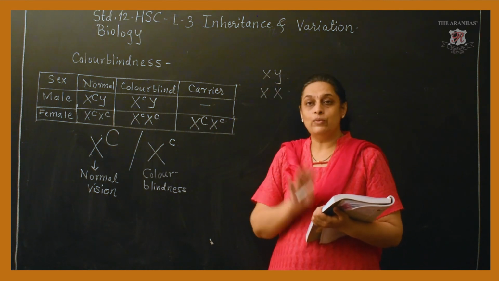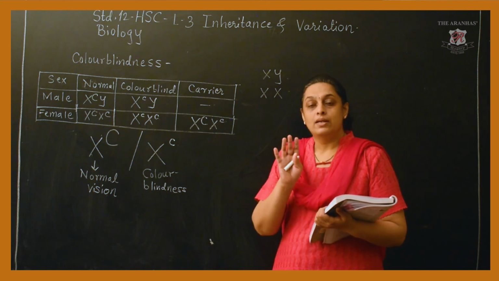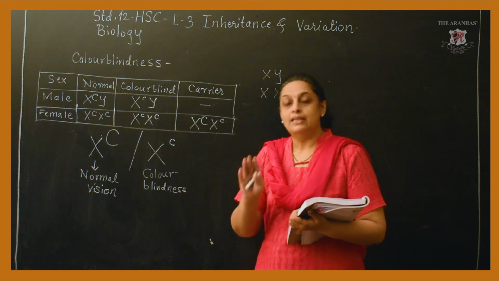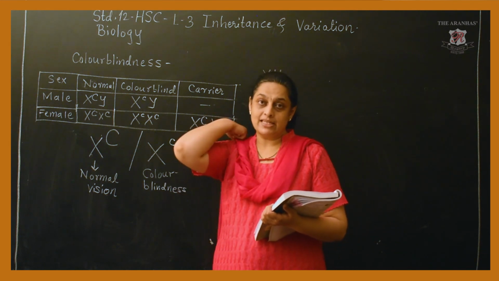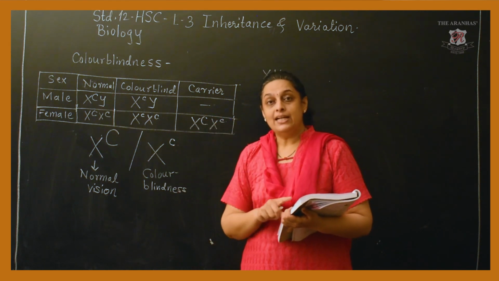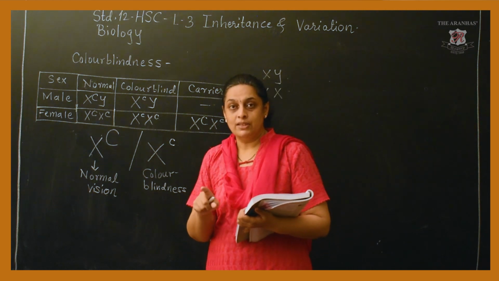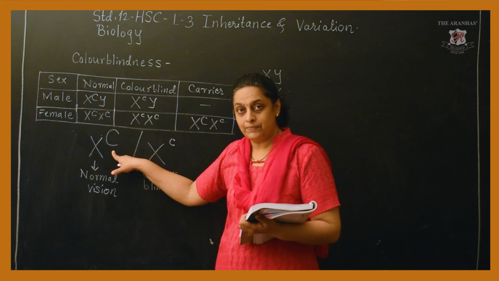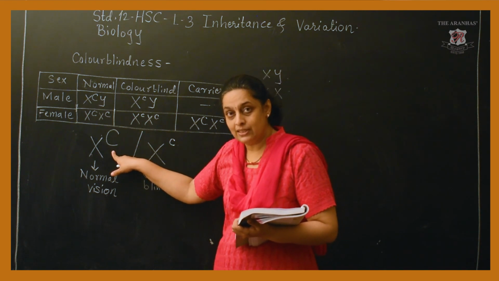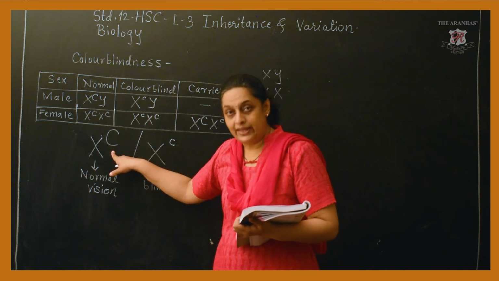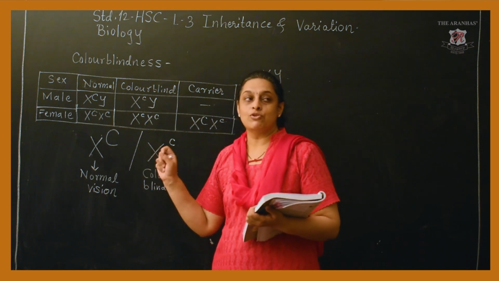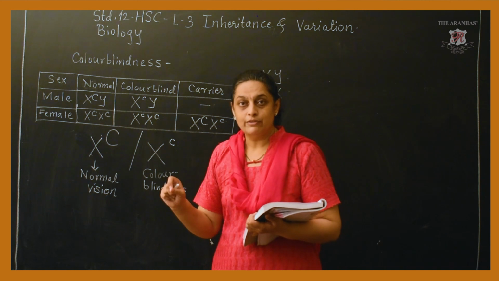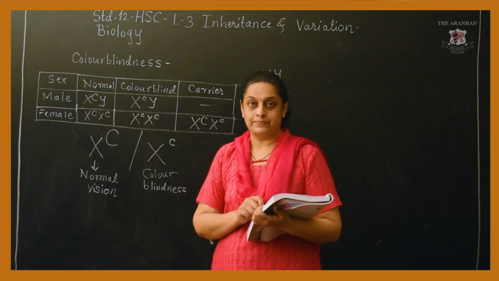And then, while writing the genotype, the next thing which comes is whether the X chromosome carries capital C gene for normal vision or small c gene for color blindness.